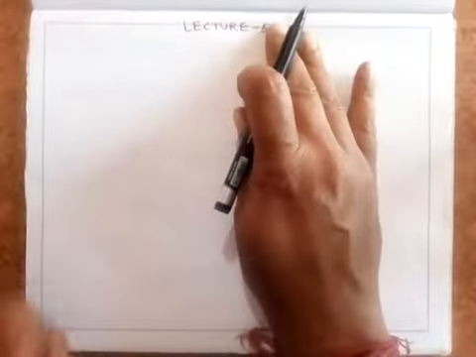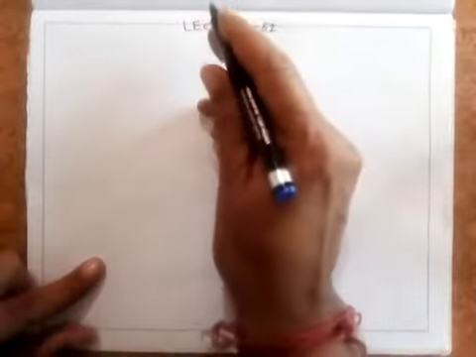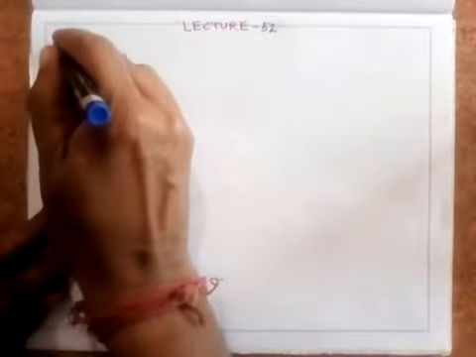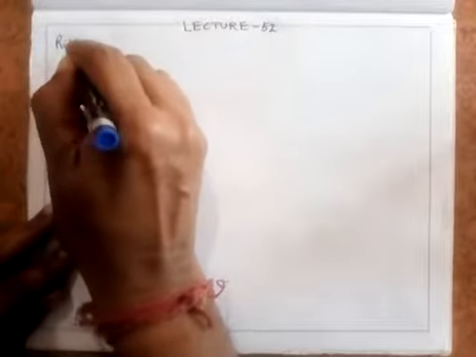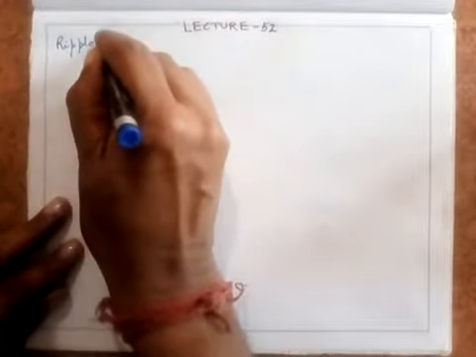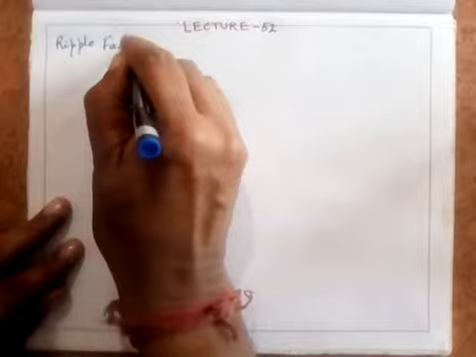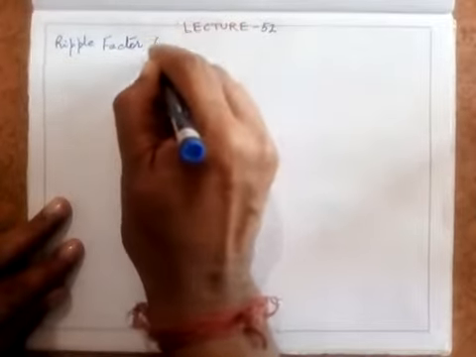So today I'll discuss another performance parameter of a rectifier, and the performance parameter that we'll discuss initially is the ripple factor, denoted by gamma.